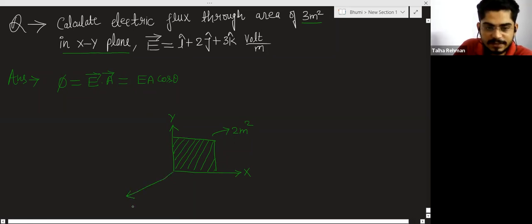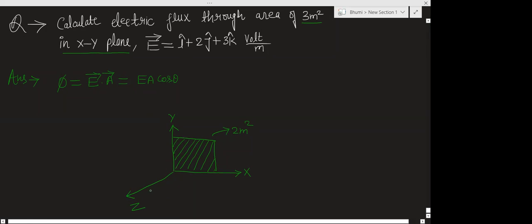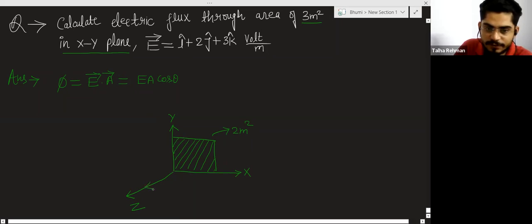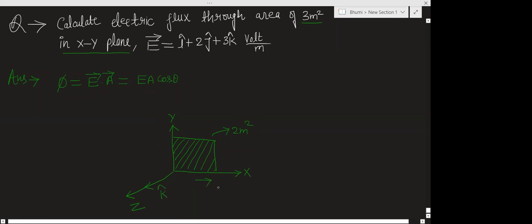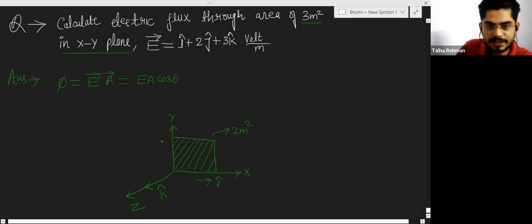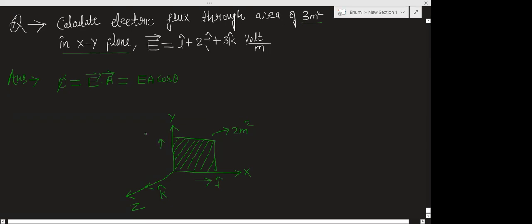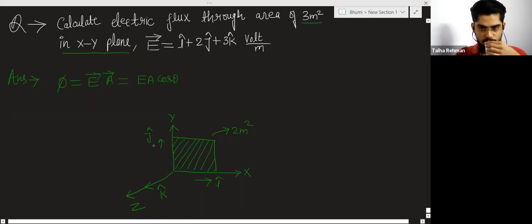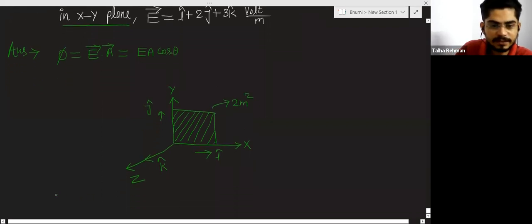And this is the z direction. So the direction of the area vector of this xy plane is in the z direction, perpendicular to it. In the z direction, the vector is represented by k cap. In this direction we have the I cap vector, and in this direction we have the j cap vector.